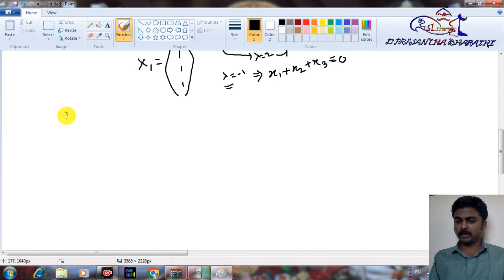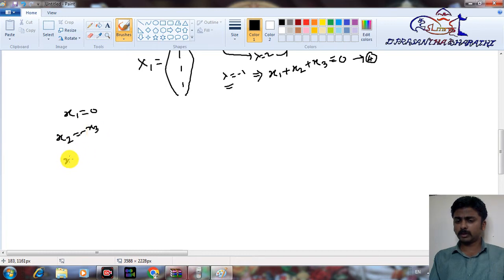The first type is putting x1 equal to 0 in this equation, that is equation number 4. Then we will get x2 plus x3 equal to 0, so x2 equal to minus x3.